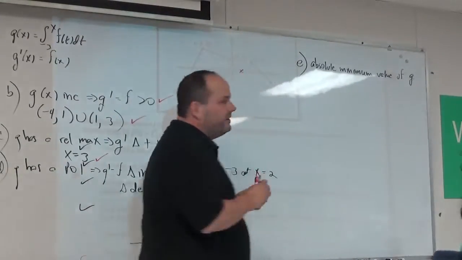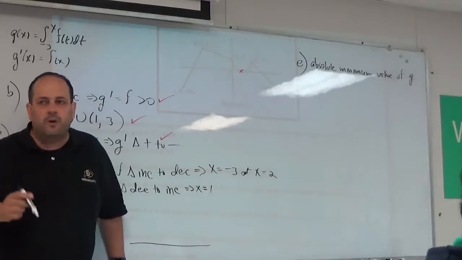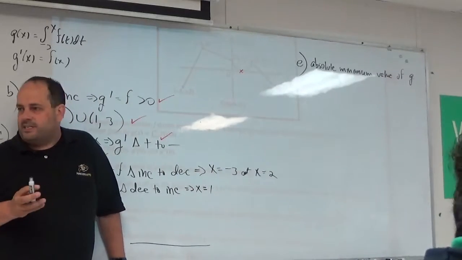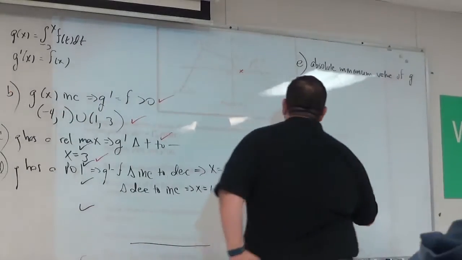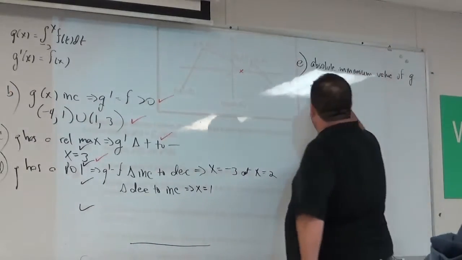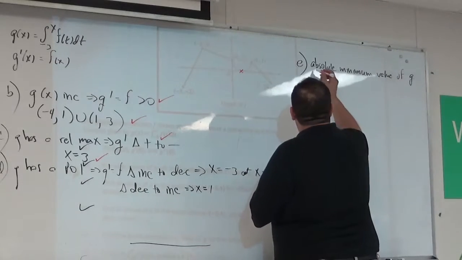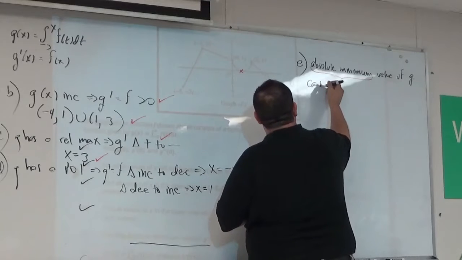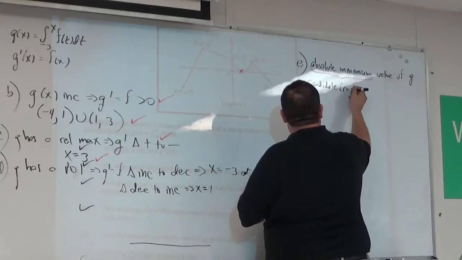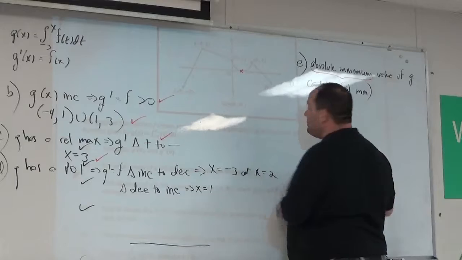Alright, I want to get some brave soul. Where do you start this process? Julissa, where do you start? You find your candidate. The candidate for an absolute minimum means your relative minimum. Where does the graph have a relative minimum?